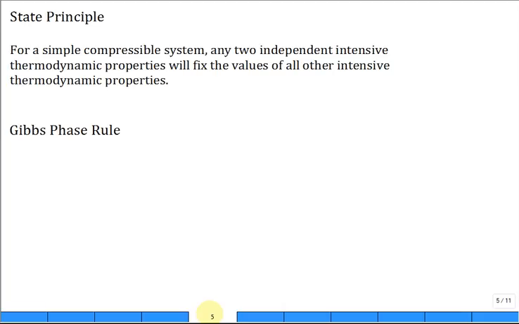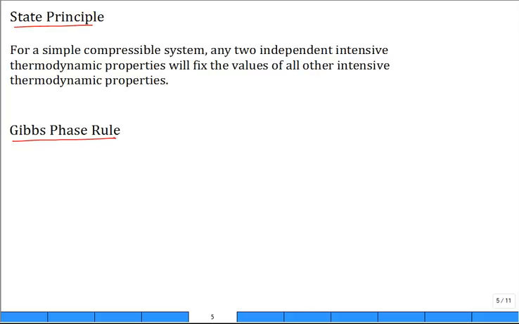One of the last topics I need to cover is the Gibbs phase rule. To cover the Gibbs phase rule, go back and think about Chapter 1 or Chapter 2. There was a state principle in thermodynamics. What did it say?